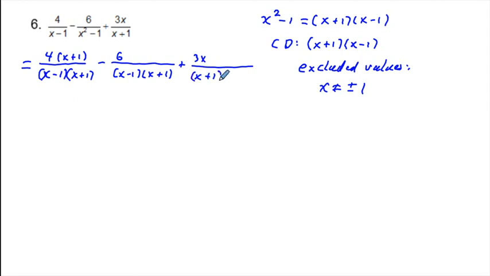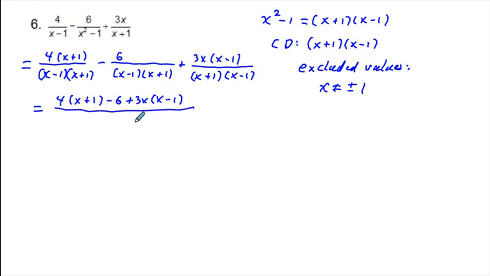We have to multiply that denominator by quantity x minus 1, and likewise our numerator by x minus 1. And what we have left is 4 times quantity x plus 1 minus 6 plus 3x times quantity x minus 1, all over x minus 1, x plus 1.